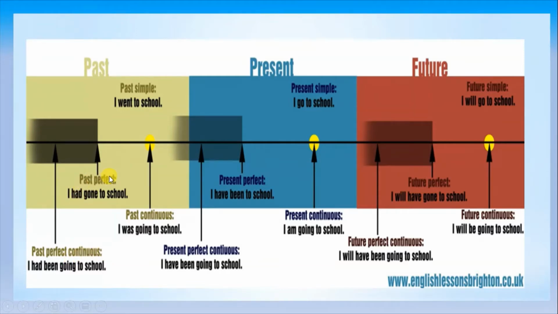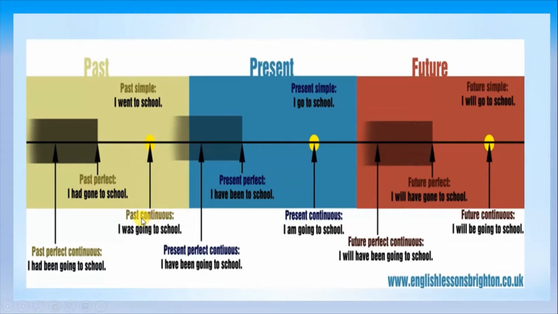Past perfect. The past perfect is a verb tense used to talk about an action that happened and was completed at a particular time in the past. It is completed and finished, but it has a period of time, and it is finished in the past.